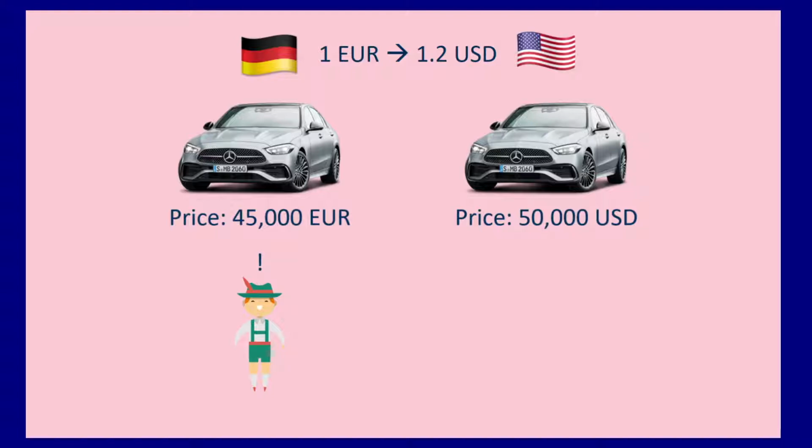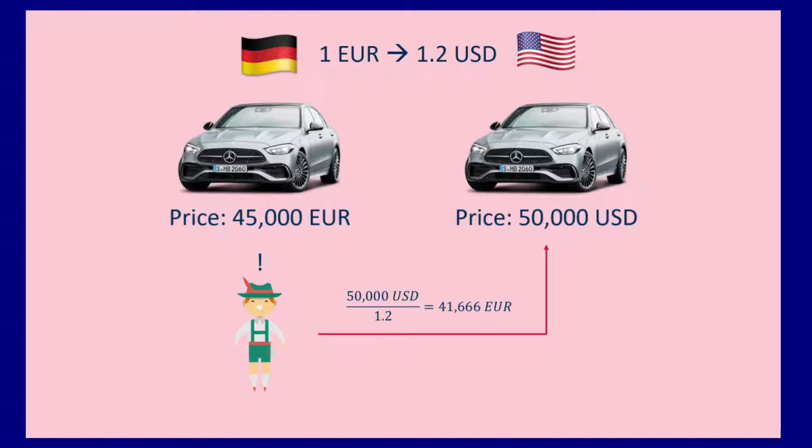So the idea would be, okay, I could buy it here in Germany for 45,000, but maybe it's smarter to take my money and exchange it to US dollars and buy it in the US. And basically, what you can see here, our German guy would only need 41,600 euros to exchange to 50,000 US dollars and then buy the Mercedes-Benz.